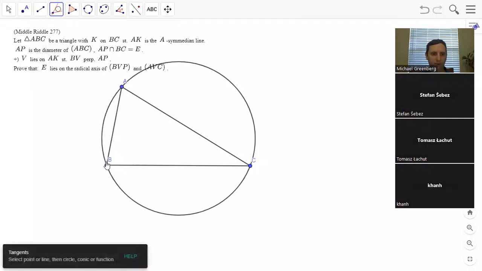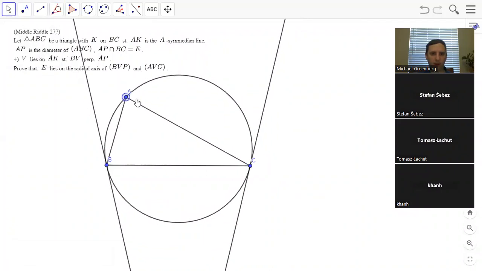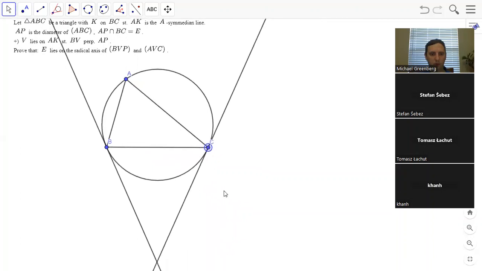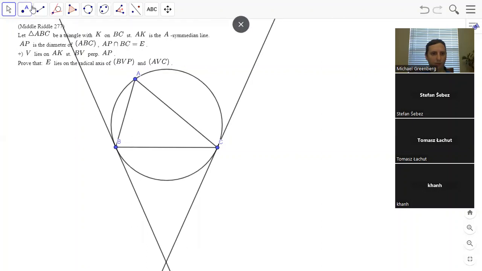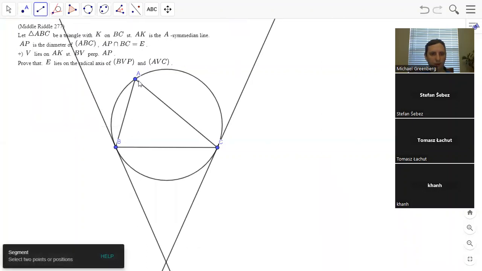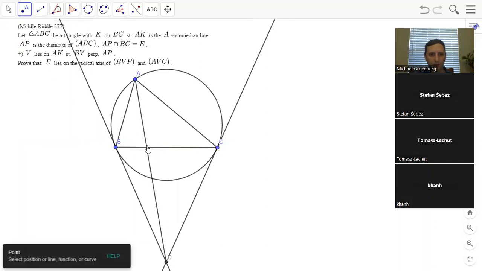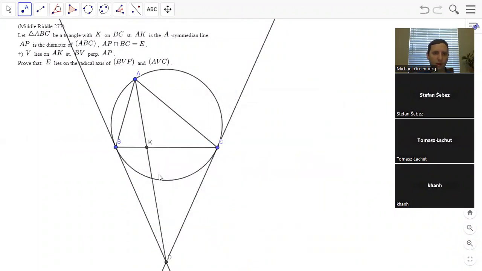So we have this and this, and this is K. So that's the symmedian. Might as well draw this because it'll give us the harmonic quad.